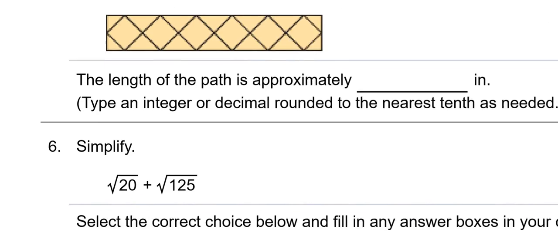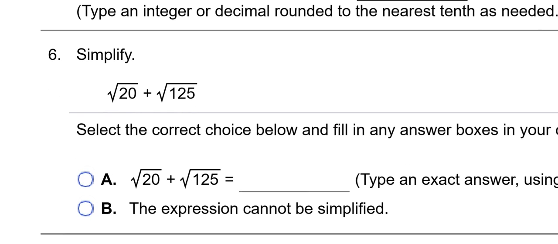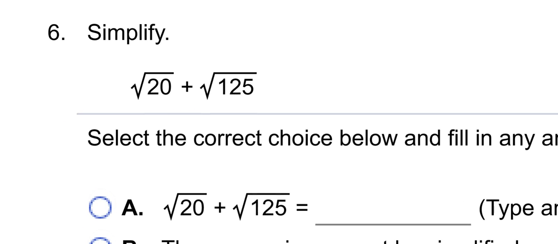Let's go down to number 6. On question 6, it looks at the beginning as if they are unlike radicals. But guess what? There are perfect squares trapped inside of those radicals. Right now I need you to think about 20.